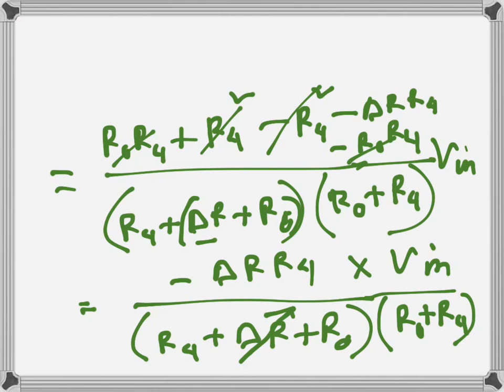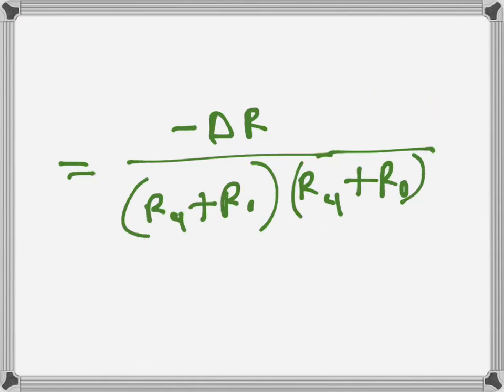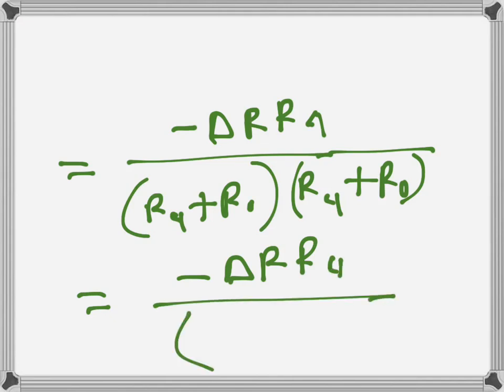It's just a pure algebraic thing. We can make it 0, and if we do that, it finally becomes what we needed to prove.